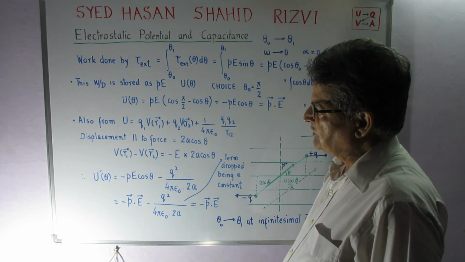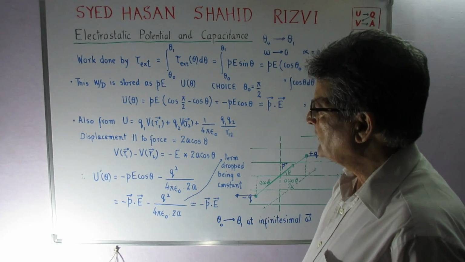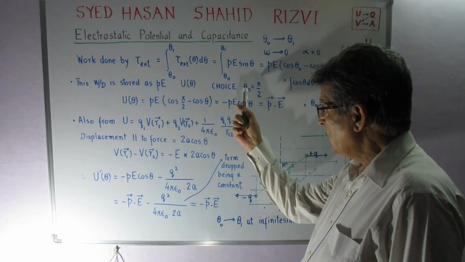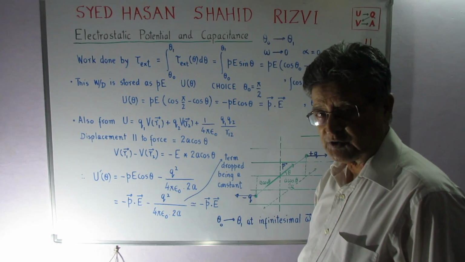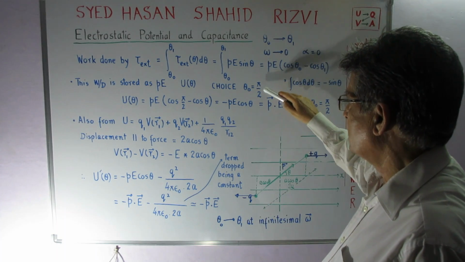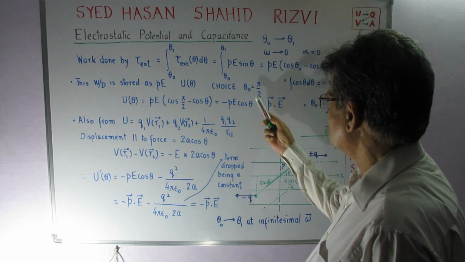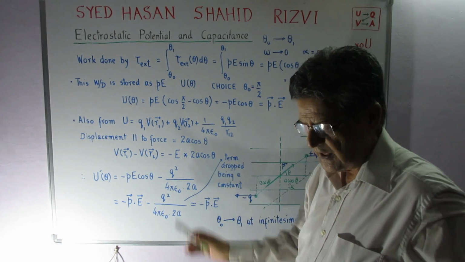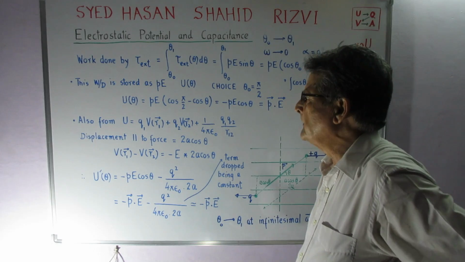Now this work done is stored as the potential energy U(theta), with the choice of theta 0, which we have taken as pi by 2, and the cosine of pi by 2 is equal to 0. So our life becomes easier.